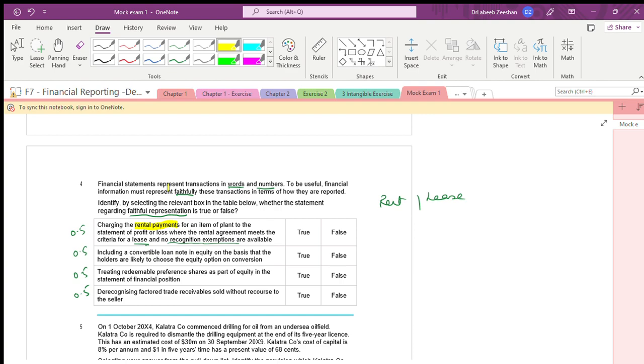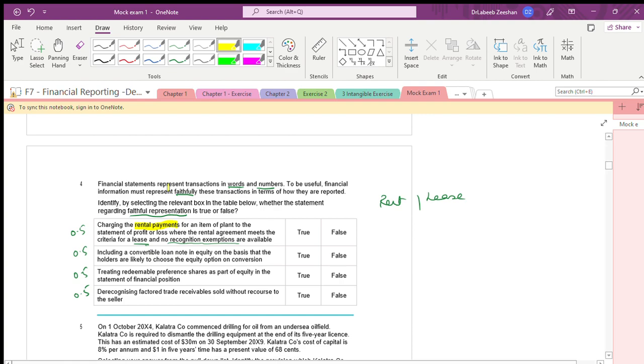The answer is true or false? Rental payment is related to rent. It is an operating expense, whereas lease is different.